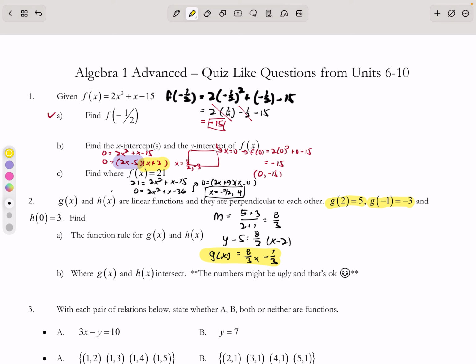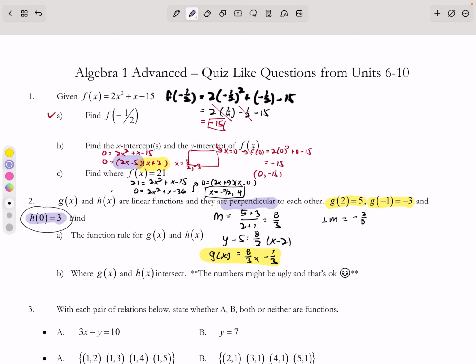Now they also give us a function h of x, and they give us a point on here. H of x only has 1 point, but we do know that it's perpendicular to the beginning line. So if the slope of the first line is 8/3, then the perpendicular slope for h must be negative 3 over 8. Now, if that point over here, h of 0 equals 3, that's 0, 3, isn't that the y-intercept?